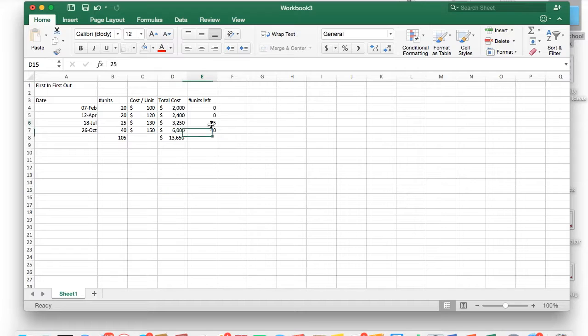Now we sell these 25. So we only have 20 left. Now we have 40 units left, and we need to sell 20, so we're going to cut that in half. So now we only have 20 units left in total, and this is after all the sales.